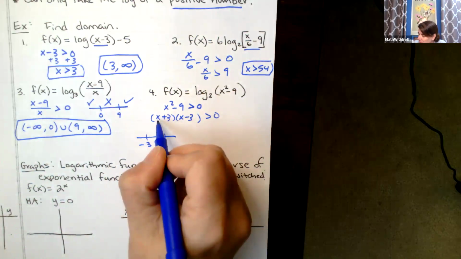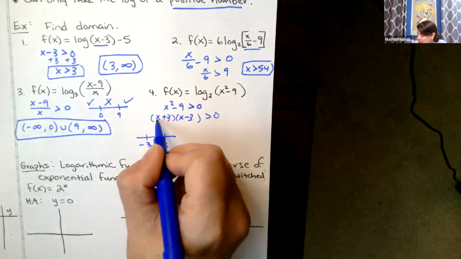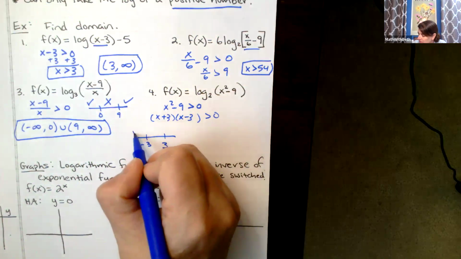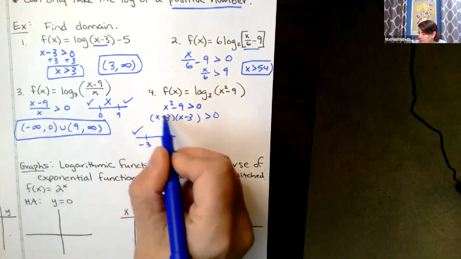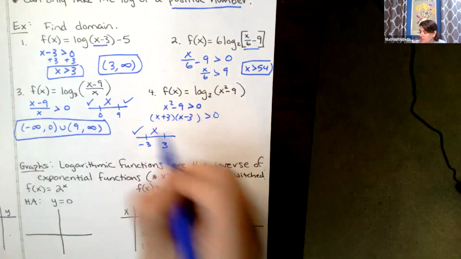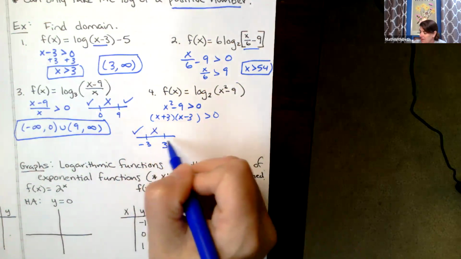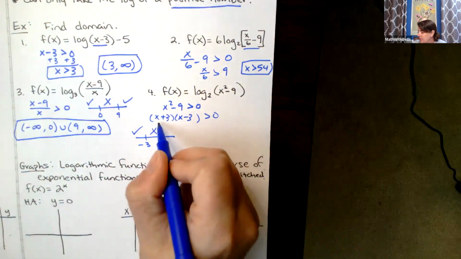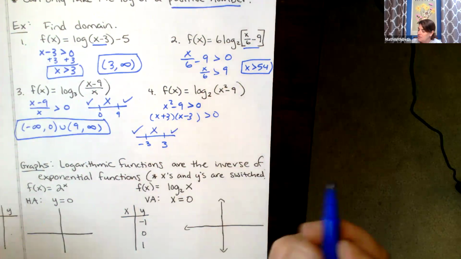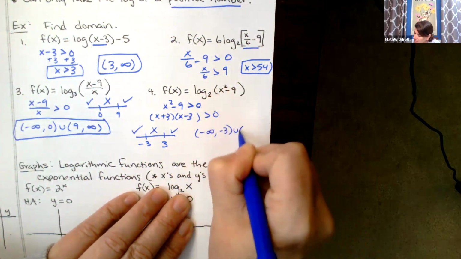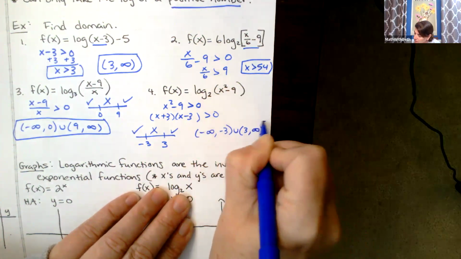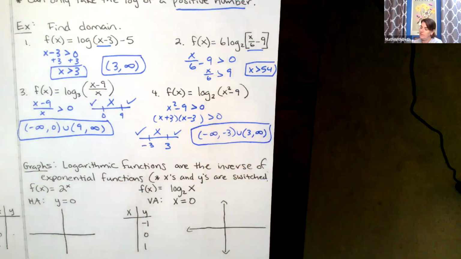So testing -4 would give me a negative and a negative, so that works. Testing something like 0 would give me +3 and -3, so negative. Testing something like 4 would give me a positive and a positive. So my domain would be -infinity to -3 and 3 to infinity.